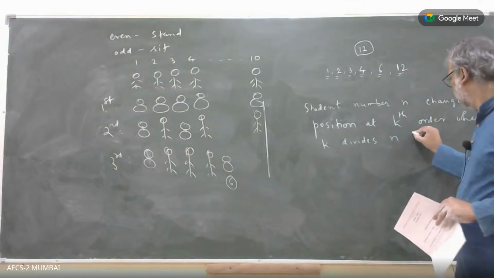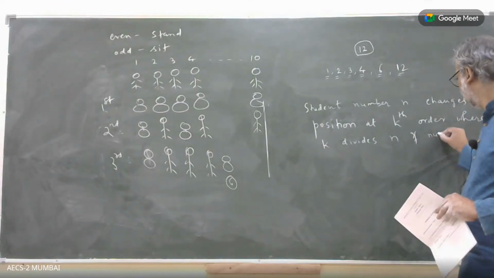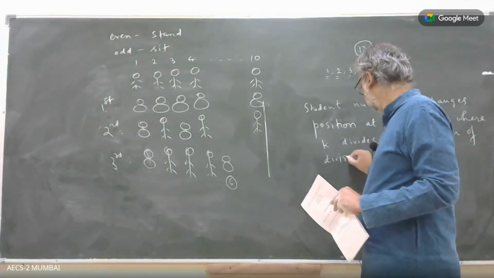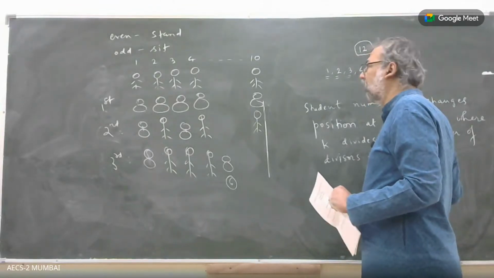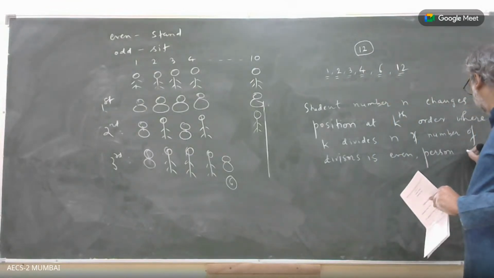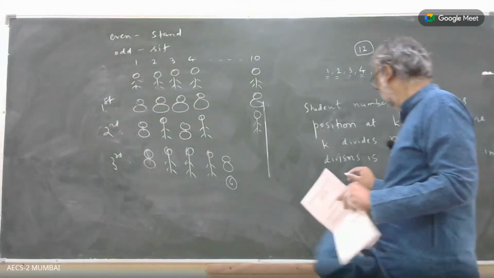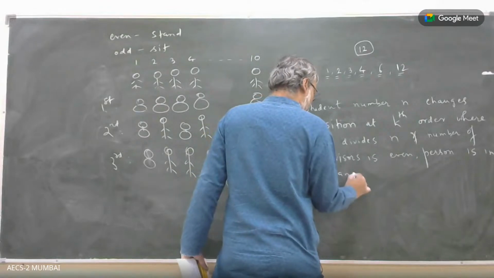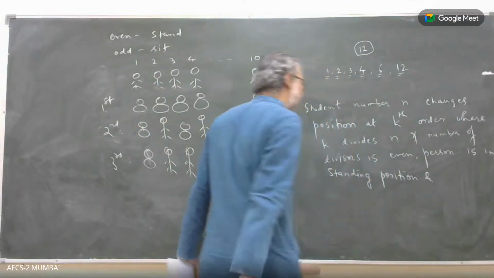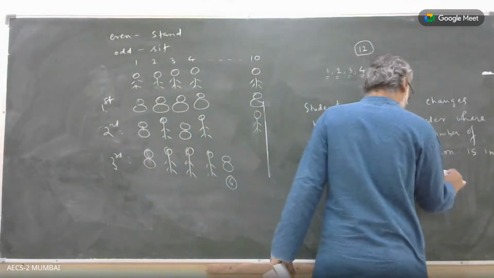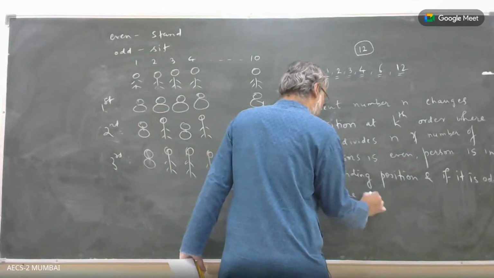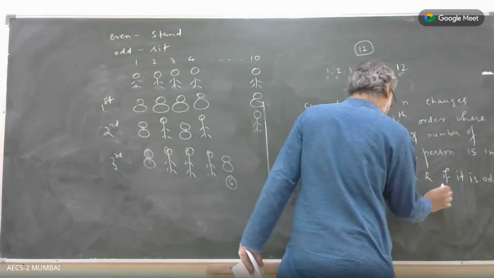So what should I say? If the number of divisors is even, the student is in standing position, and if the number of divisors is odd, will be sitting position.